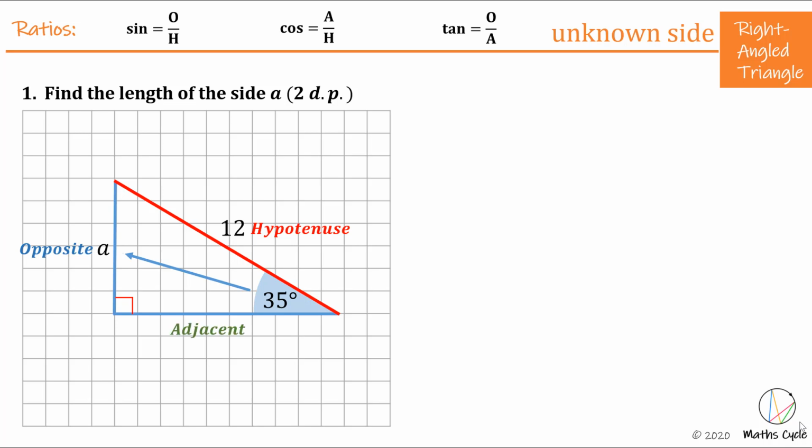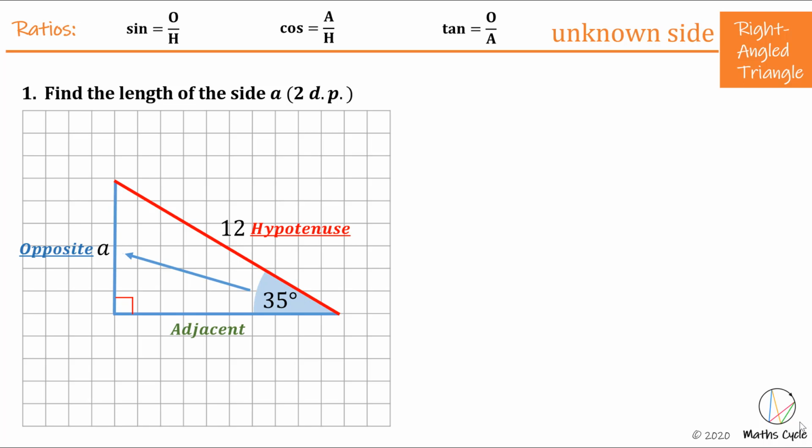Once you have it labeled, you have to see which two sides you are going to use for your ratio. Here I'm going to use the opposite because I'm looking for the side A, and I'm going to use the hypotenuse because I already know it, so it's 12. Then I look at my ratios, sine, cosine, and tan, and decide which one uses the opposite and hypotenuse.